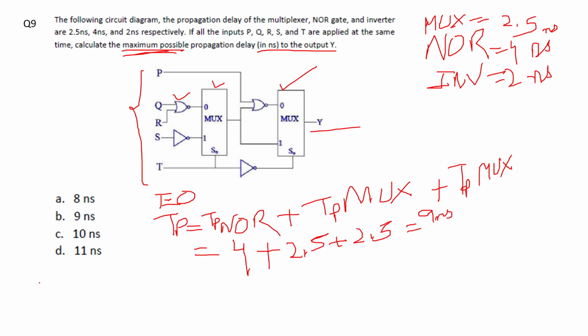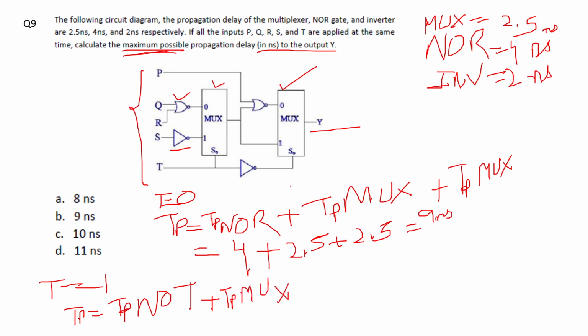Now when T is equal to 1, I have first this NOT gate. My TP will be equal to TP of NOT plus TP of mux, and then this will be 0, then TP of NOR, and then TP of mux.